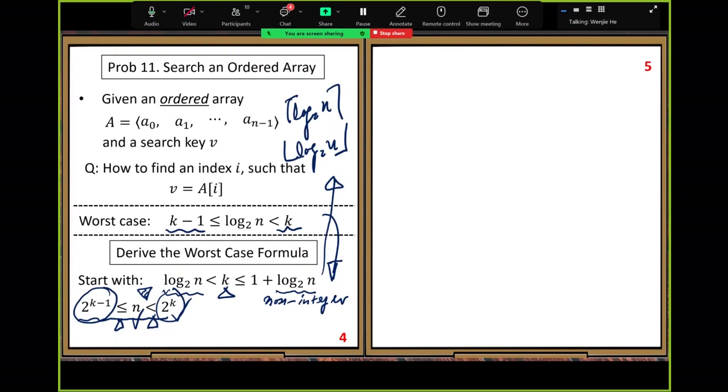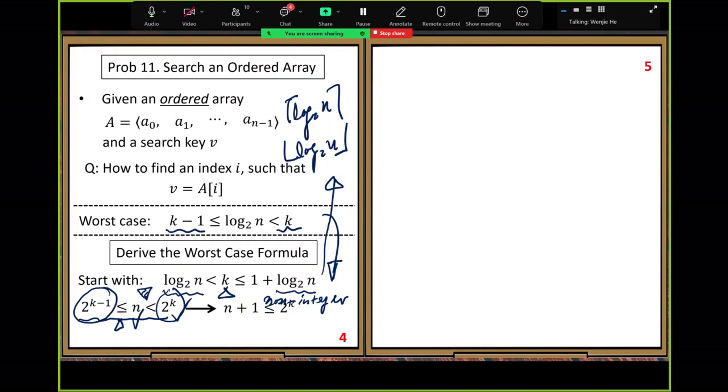But the upper bound is non-equal, strictly less than, so we can reduce the upper bound. The current upper bound is strictly greater than n, so we can reduce the upper bound by 1, right? Reduce the upper bound by 1.